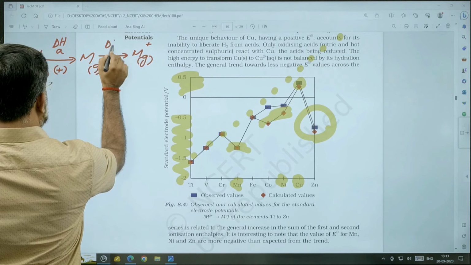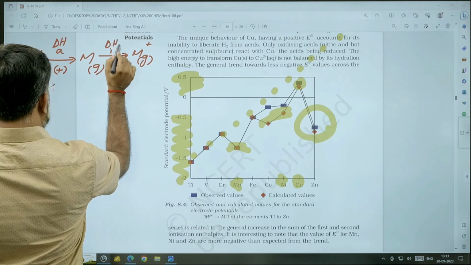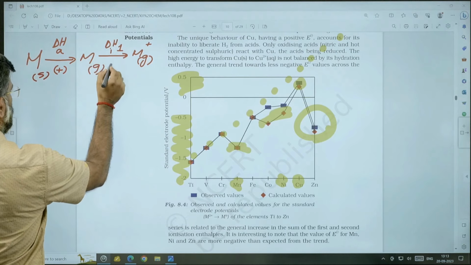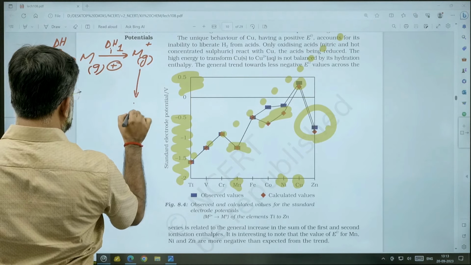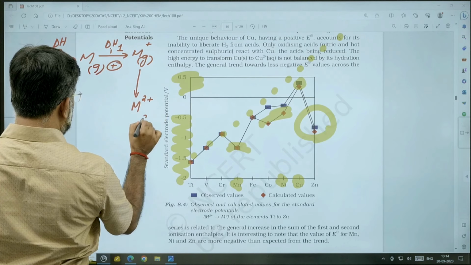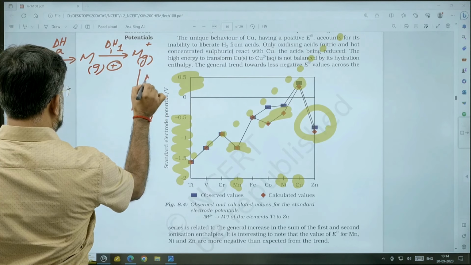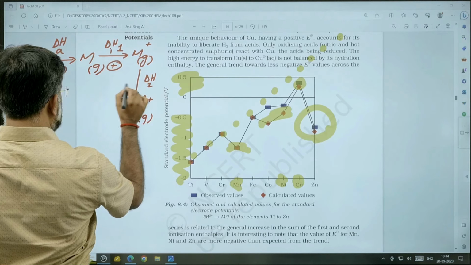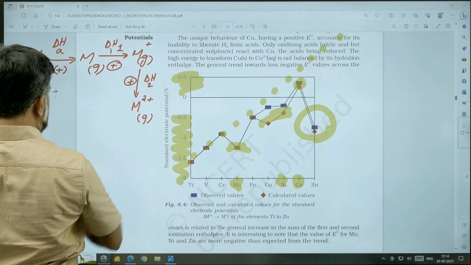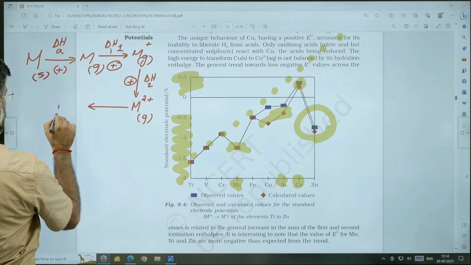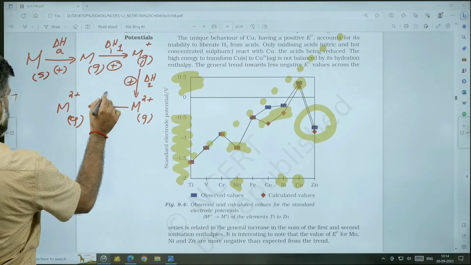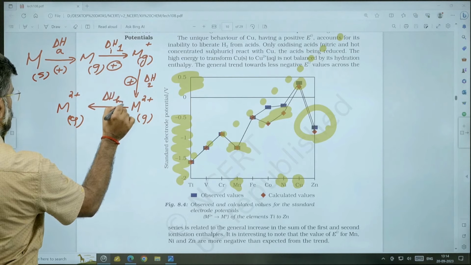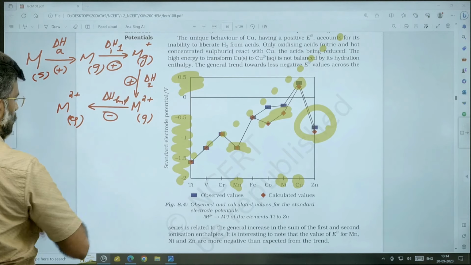That is the first ionization enthalpy, which is of course endothermic in nature. And now this is converted to M2 plus in the gaseous state. That is the second ionization enthalpy, again endothermic. And this is converted to M2 plus aqueous. That is hydration enthalpy, which is exothermic.